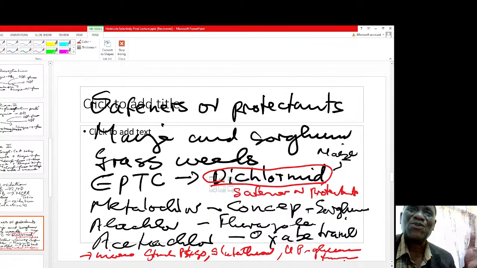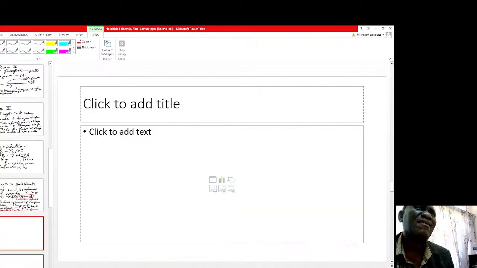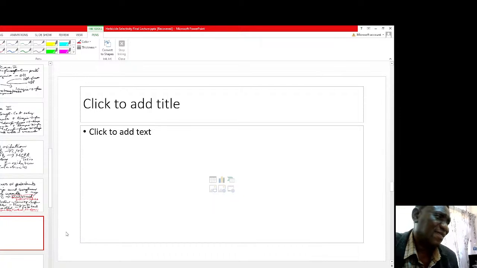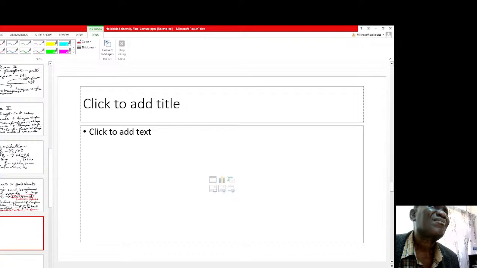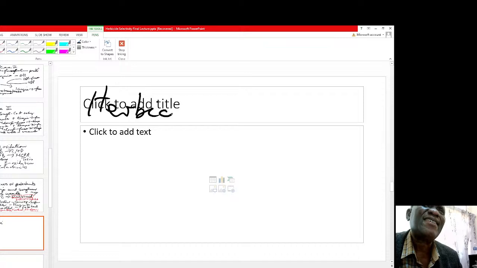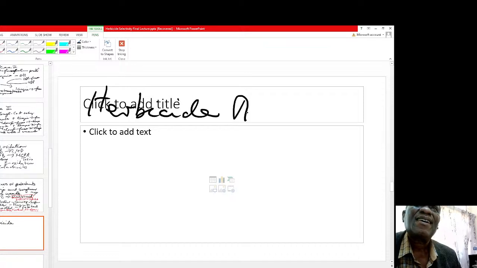Yes, you can save on fuel, but what happens is that when we mix these two herbicides together, they are not going to kill the weeds. This phenomenon is known as herbicide antagonism.